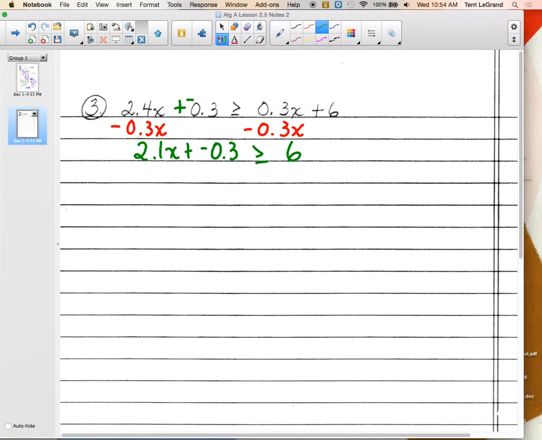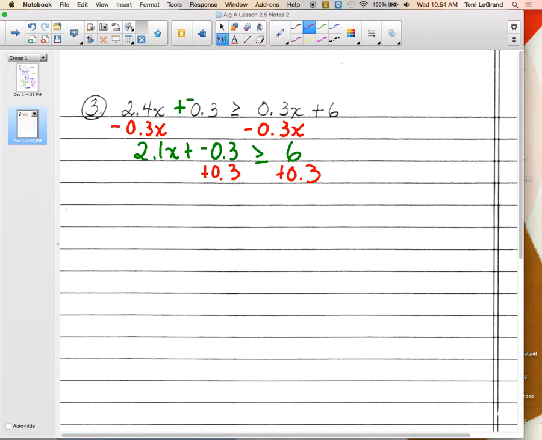Okay, now this is when I'm pretty sure you guys just want to take your fingers to your calculator, don't you? Anybody tempted? Go ahead and get it, because you know it's decimals. It's not as much fun. Okay, what should we do next? Okay, add the 0.3 to both sides.